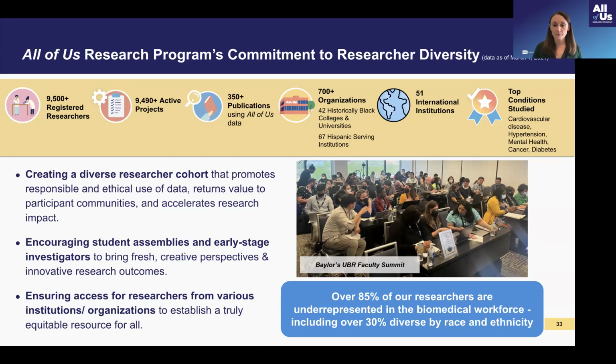and we want to make this truly an equitable resource for all. And so along with what we're doing for metrics for diversity within our participants, we're also really shooting for a high number of people from what we're calling underrepresented in the biomedical workforce, including those who are diverse by racial and ethnic backgrounds.